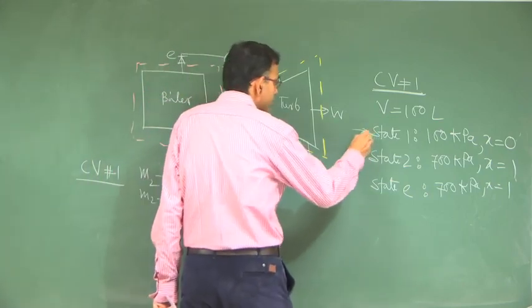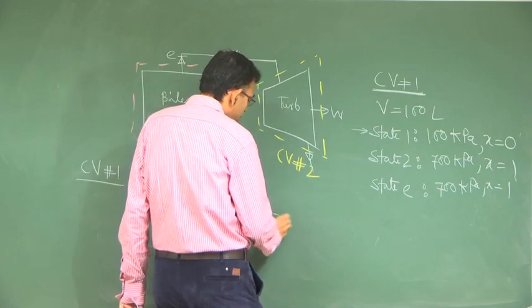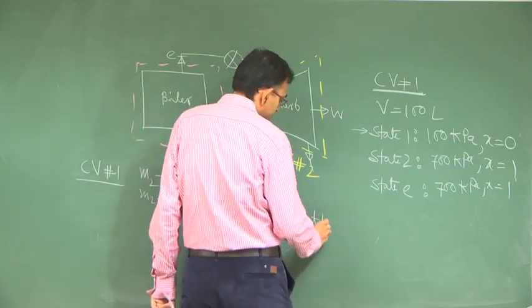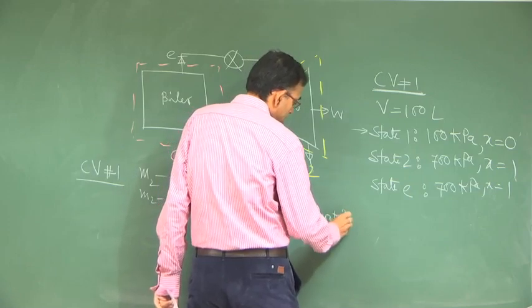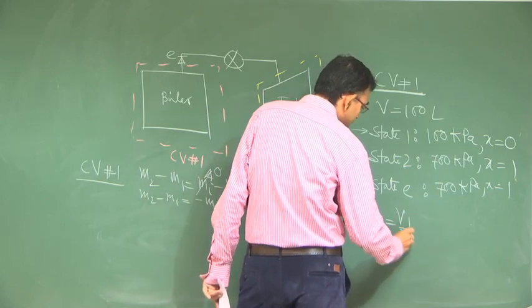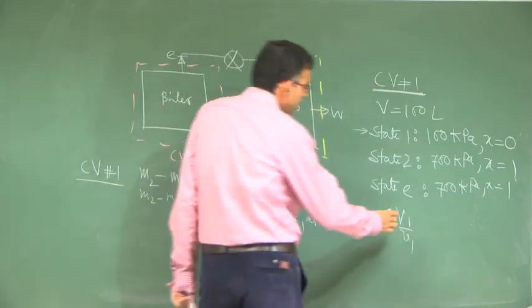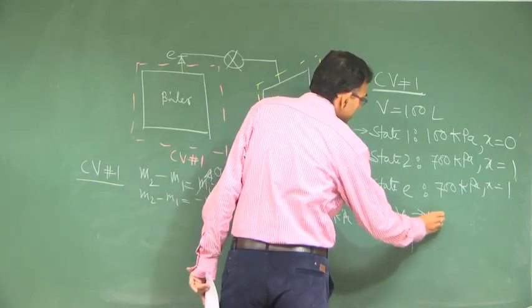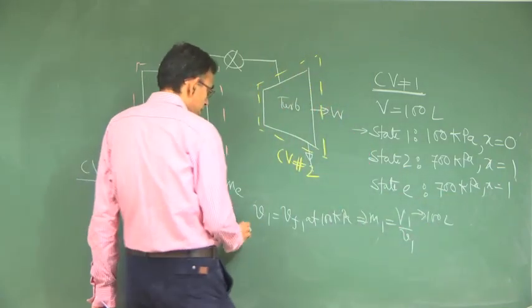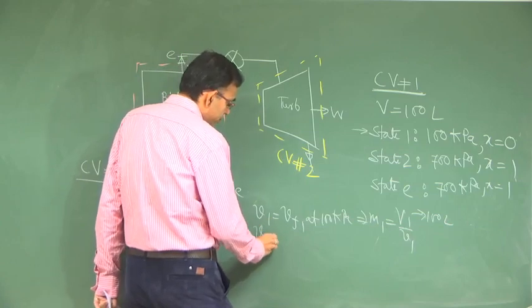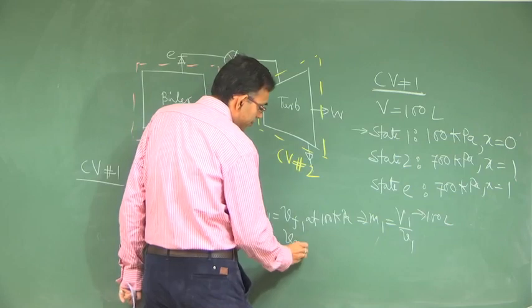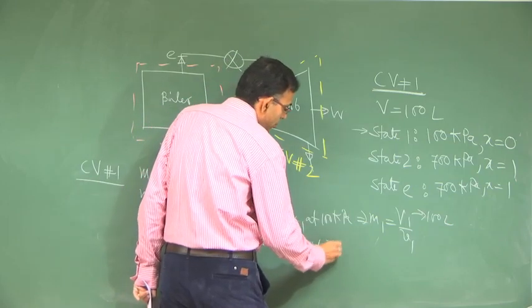State 1, specific volume is vf1 at 100 kPa. M1 is V1 by v1. V1 is this 100 liter, the same as V2. What is v2? Small v2 is vg at 700 kilopascal.